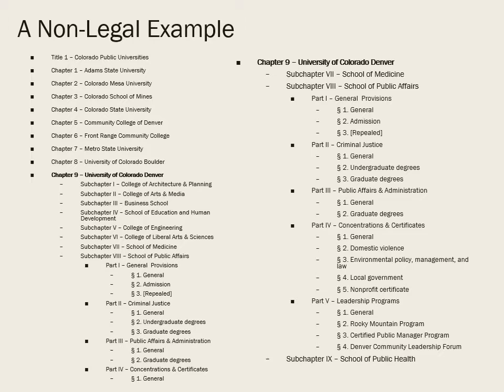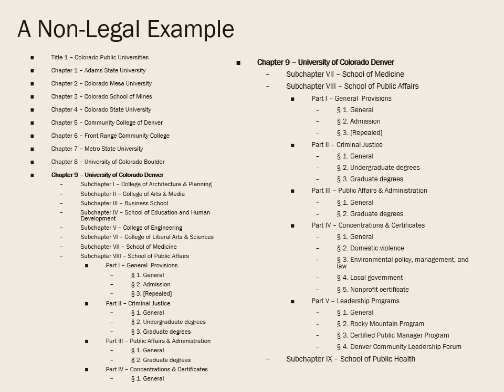That gets broken down into chapters, each of which represents a specific public university. I organize these alphabetically. You'll see that Chapter 9 is the University of Colorado, Denver. Then we break down CU Denver further into subchapters that represent the colleges and schools within CU Denver. Again, I've done this alphabetically, so the School of Public Affairs is subchapter 8.